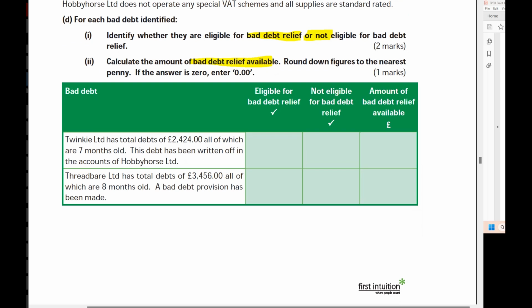Twinkle has total debts of 2424, all of which are 7 months old. So greater than 6 then. And the debt has been written off. It appears to meet the criteria. So I would say we can claim bad debt relief. And the amount.